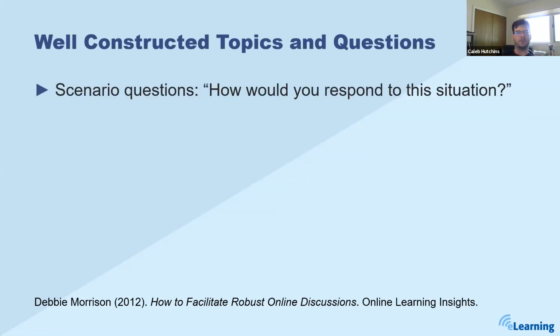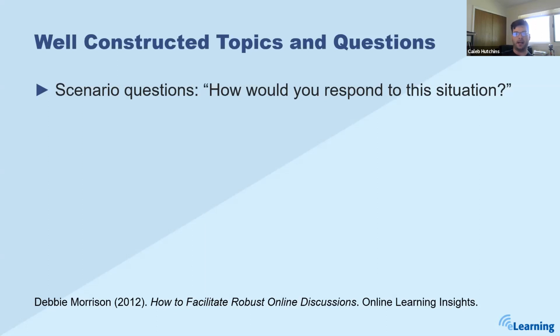So here are some specific examples of what some of those topics or prompts could look like. So a scenario question is a great one. You pose a scenario. I've seen some great ones in criminal justice where the instructor will post a video, and it might be like a dash cam video from a police officer, or a body cam video, or a bystander's cell phone video.